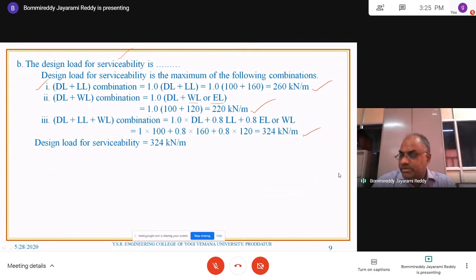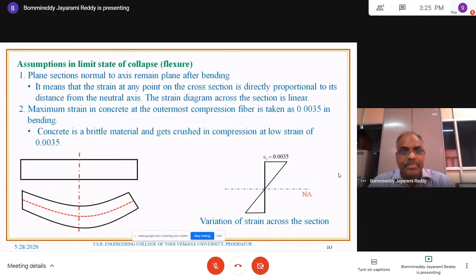Out of all these three, the maximum value is 324. So the design load for serviceability is to be considered as 324 kilonewton per meter. This is how sometimes you need to solve numerical problems in the examination. Such simple, concept-based questions will appear in the examination.